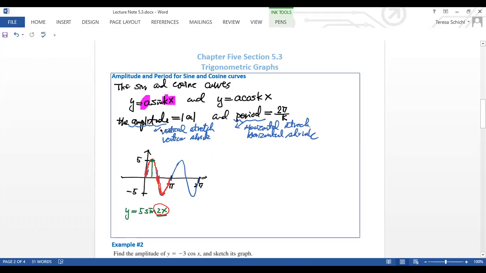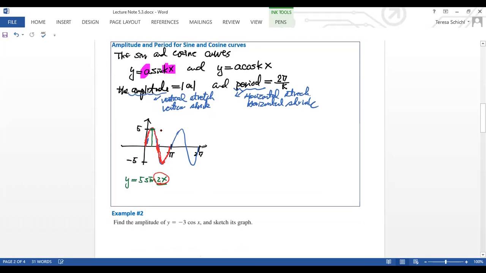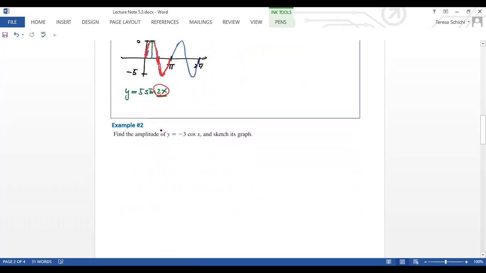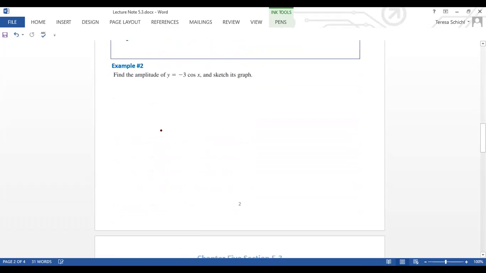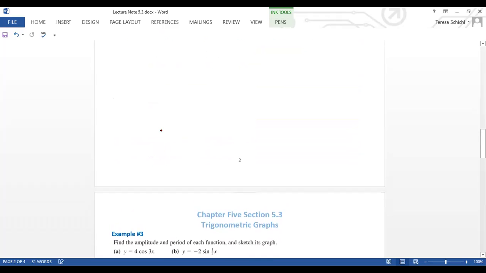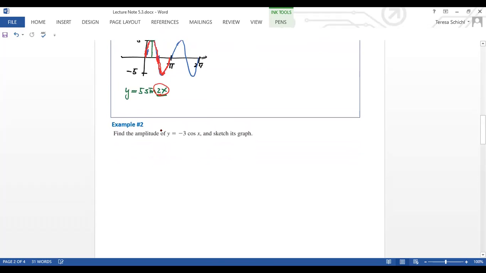Okay, so now let's take a look at these ones here. They say find the amplitude for y equals -3 cosine x, and let's try to sketch the graph.